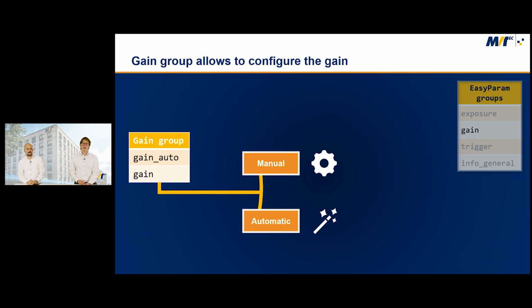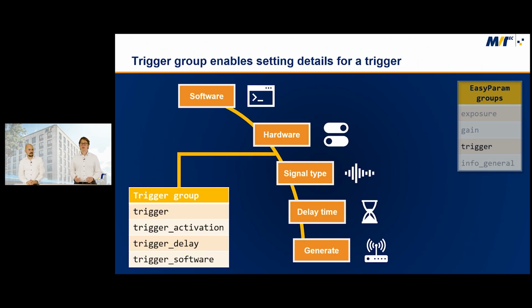For triggers, this is a little bit more complicated, but as I showed you before, with trigger you simply tell HALCON which I/O device or I/O channel you receive your trigger signal from. Trigger activation would be if you have a rectangular signal like rising edge, level high, falling edge, level low, so you specify when exactly this triggering will happen. Of course, you can also delay your trigger, and you can configure a software trigger.